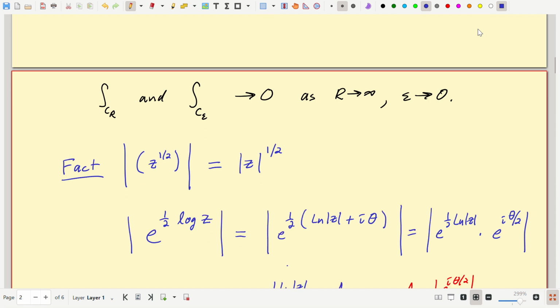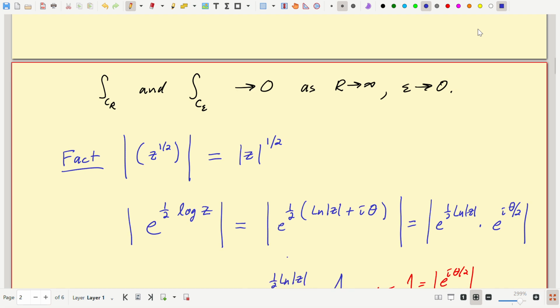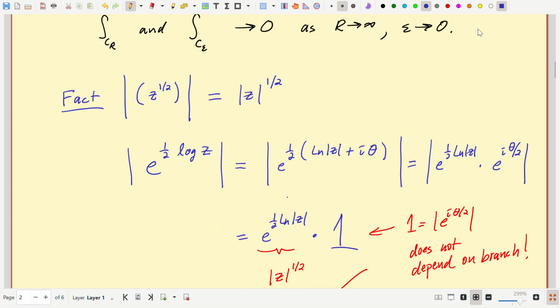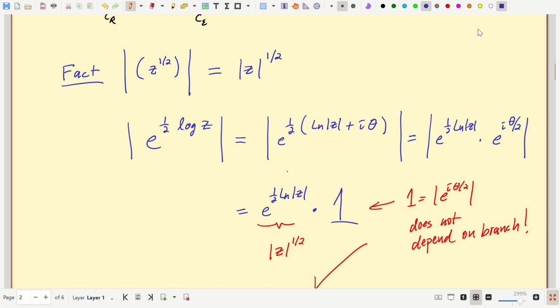That allows me to estimate that thing on the circular parts quite easily. I demonstrated that last time. Another way you can see that: if you had a square root, we know that w squared is equal to z, and then w is a square root of z.